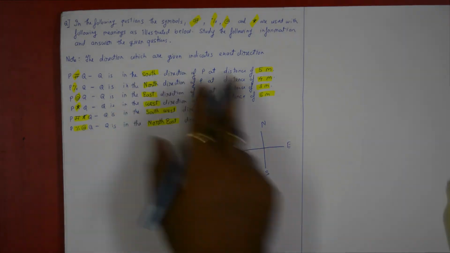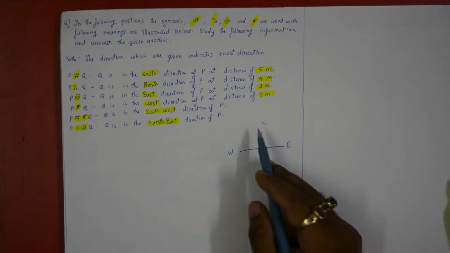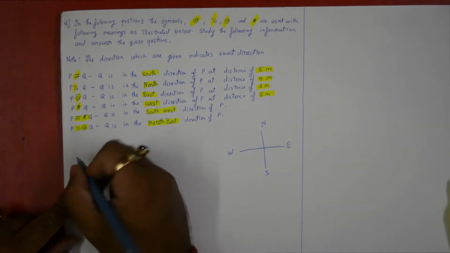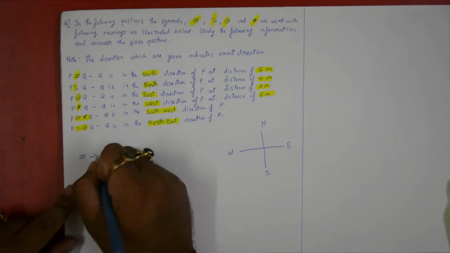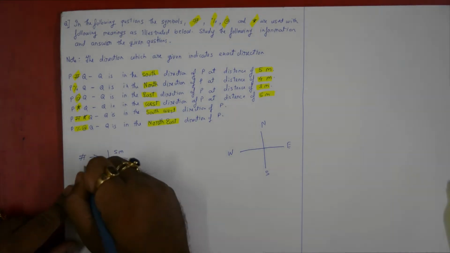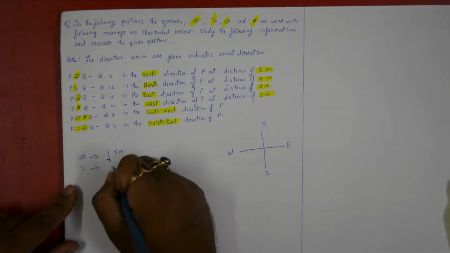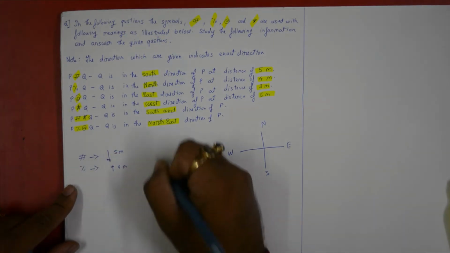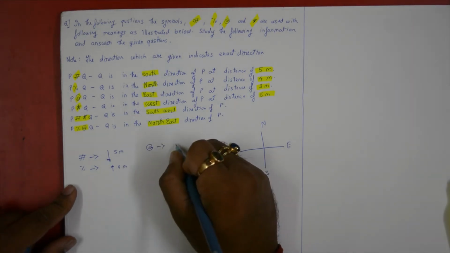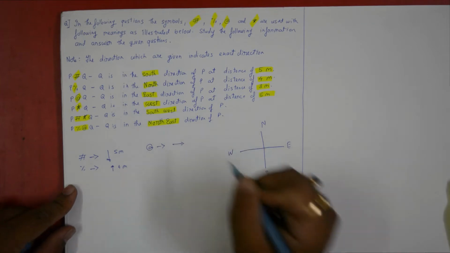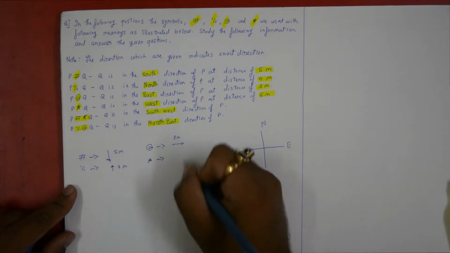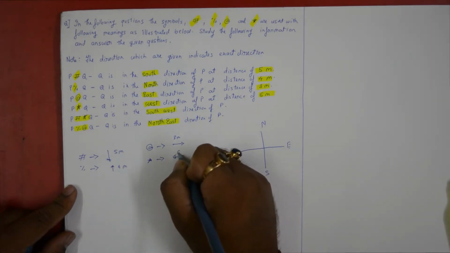Now if we consolidate this data with the help of the compass, we get very simple answers: hashtag indicates south 5 meters, percentage indicates north 4 meters, at the rate indicates east 3 meters, and star indicates west 6 meters.